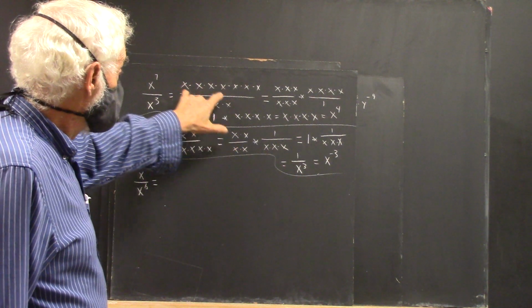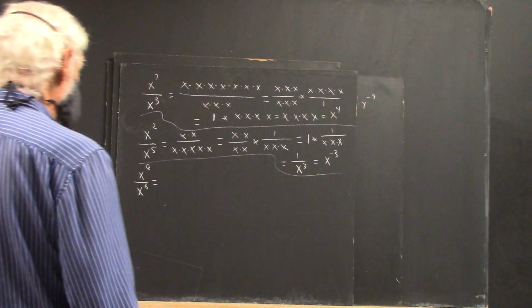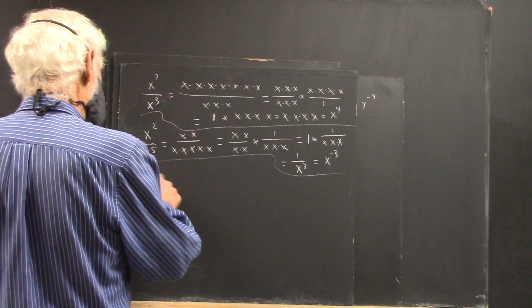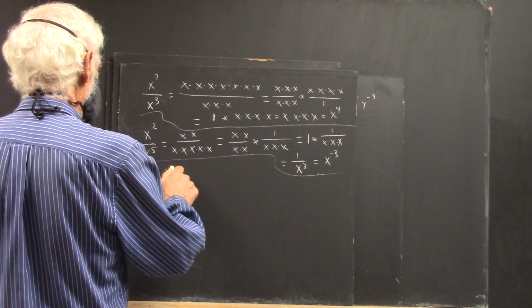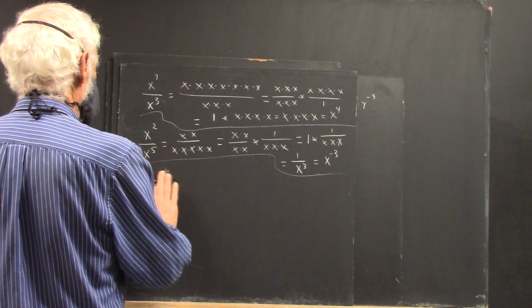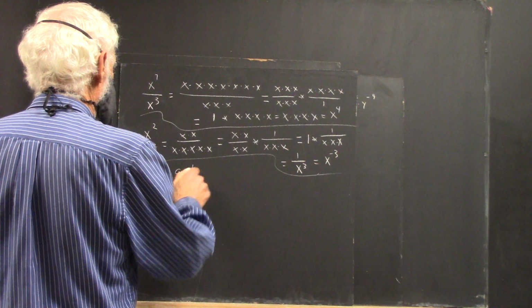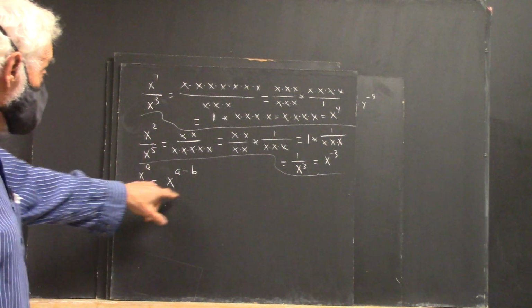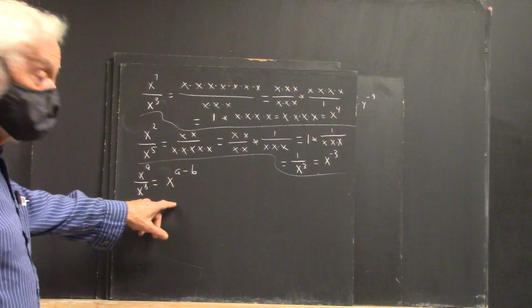If you take 3 of these away from the numerator, that leaves you 4 of them. So we want to say that this equals, well, I'm just going to cut to the chase. In this case, it'd be x to the a minus b, right? Now that turns out to be a rule.